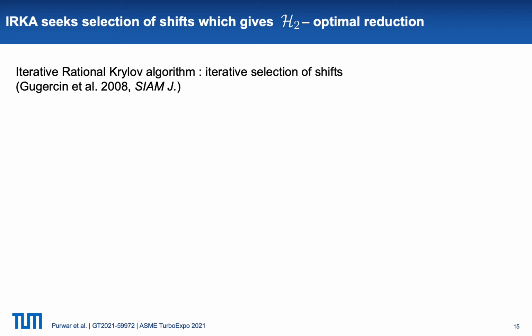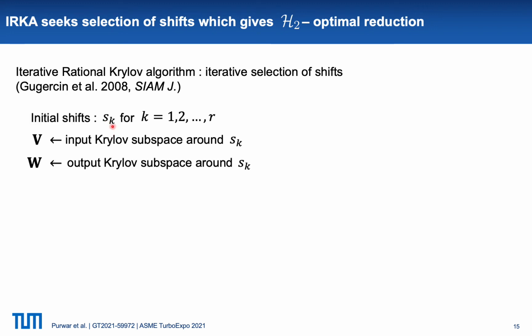The iterative rational Krylov algorithm selects these shifts iteratively, which results in H2 optimal reduction. This method was proposed by Gugercin and colleagues in 2008. Here we first give some shifts, and input and output Krylov subspaces are built around these initial shifts.